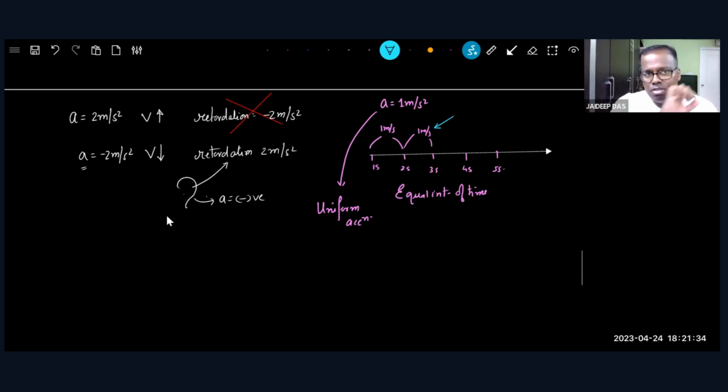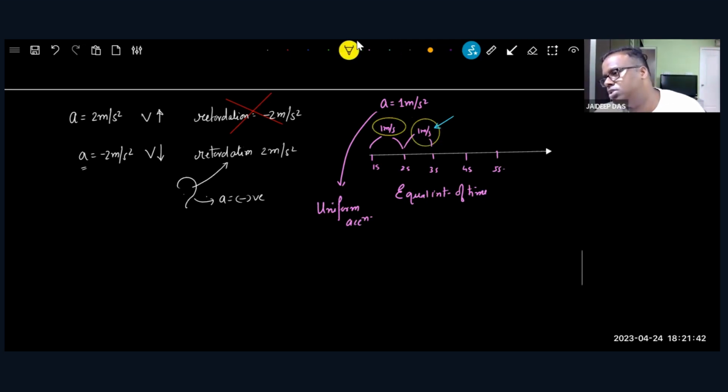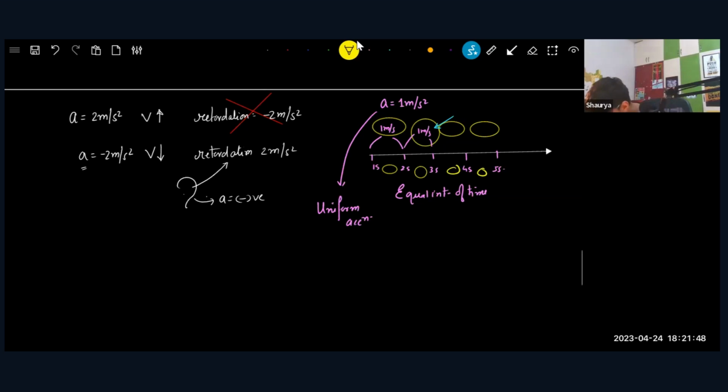So if a body travels in a straight line, and its velocity changes by equal amounts in equal intervals of time.